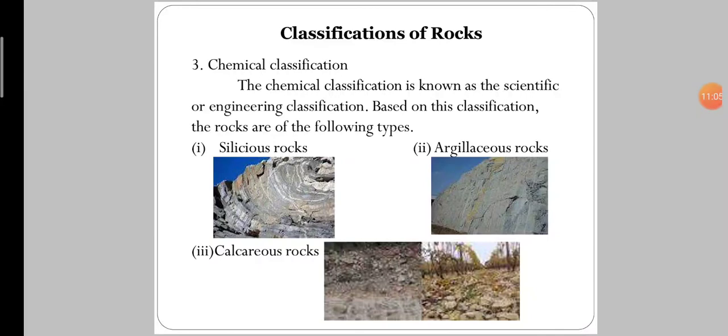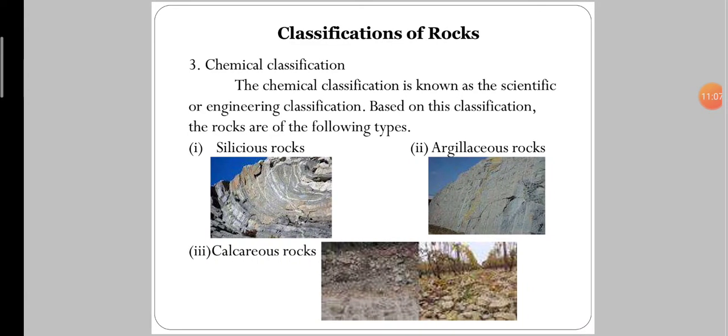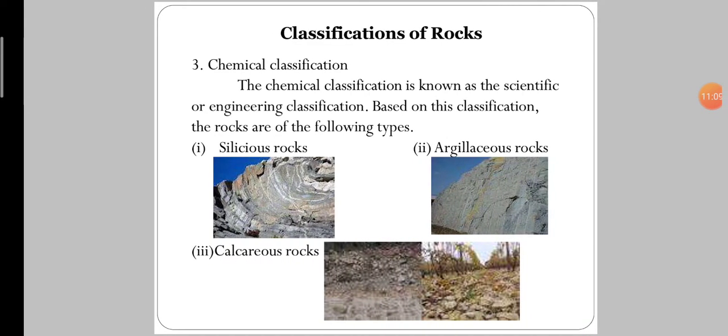Next, the classification of rock based upon the chemical composition. Under chemical classification, it is again divided into three types: siliceous rocks, argillaceous rocks and calcareous rocks.